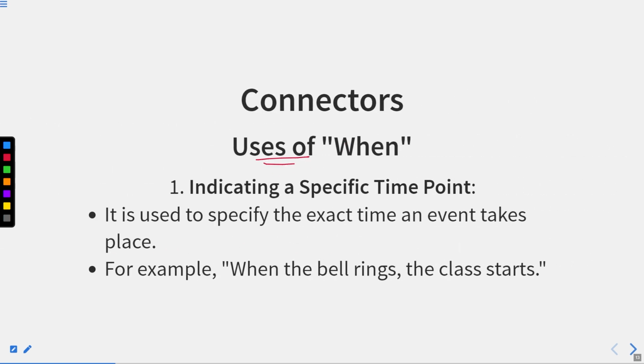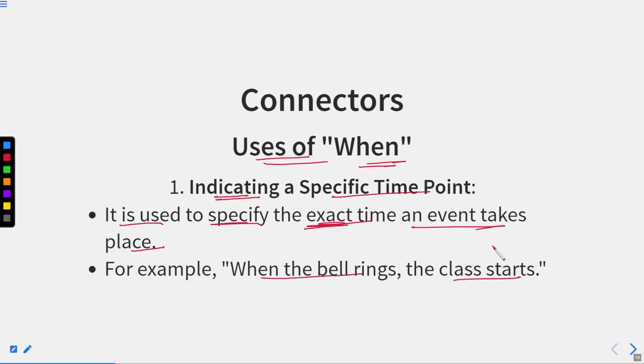Now let us discuss uses of when. First of all, it indicates a specific point of time. It is used to specify the exact time an event takes place. It shows us the specification of the particular time at which some events take place. For example, when the bell rings, the class starts.